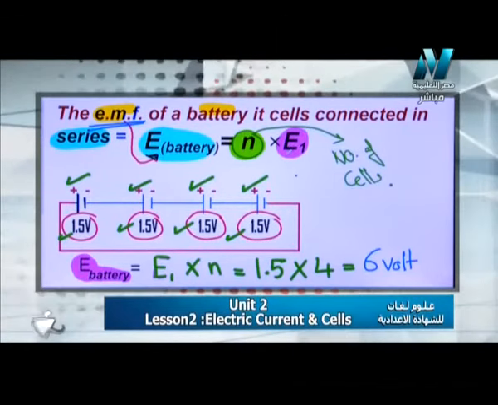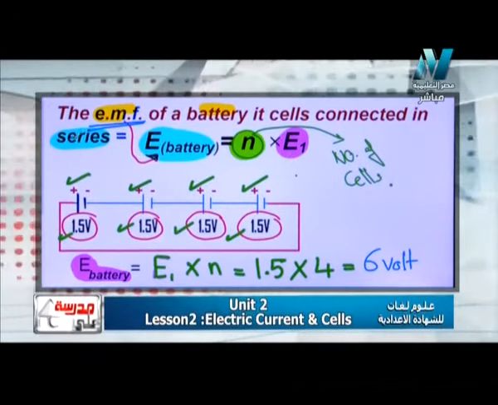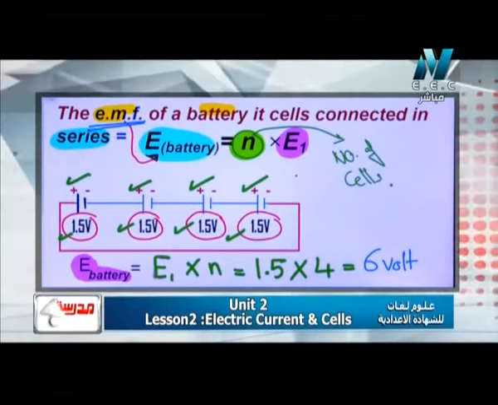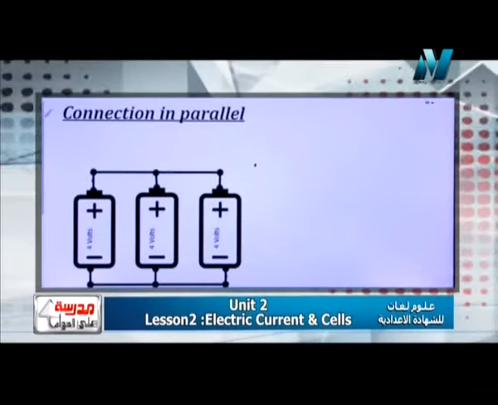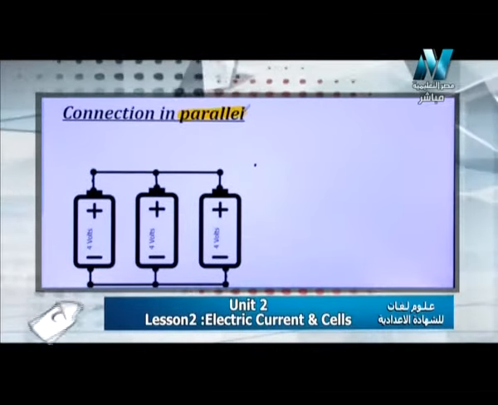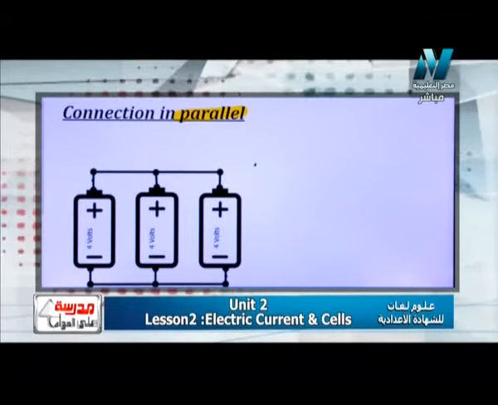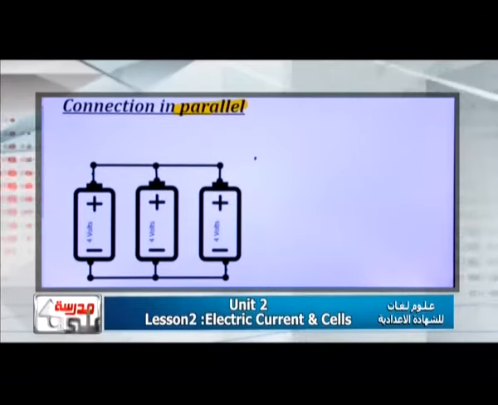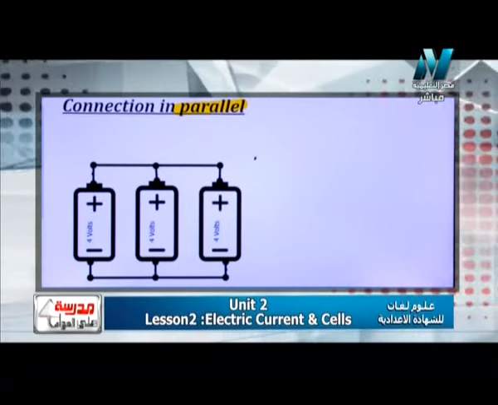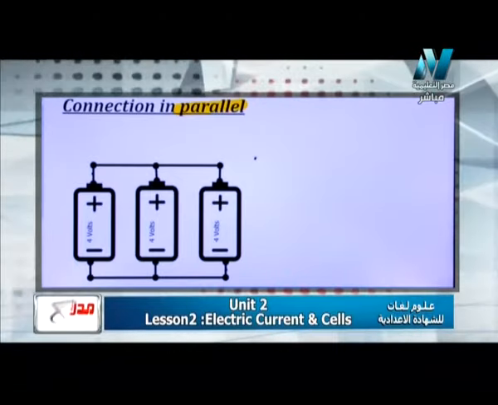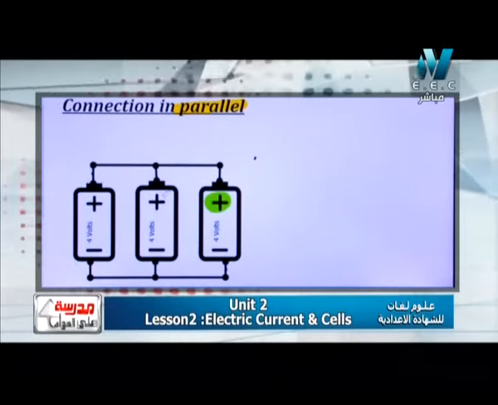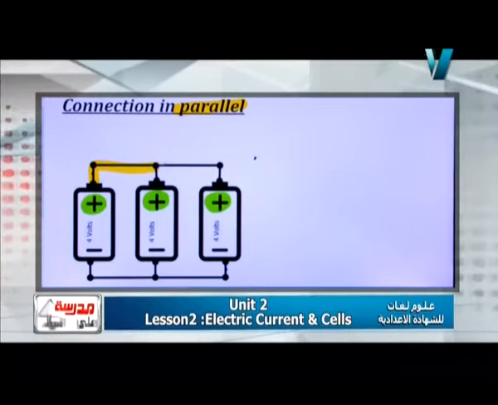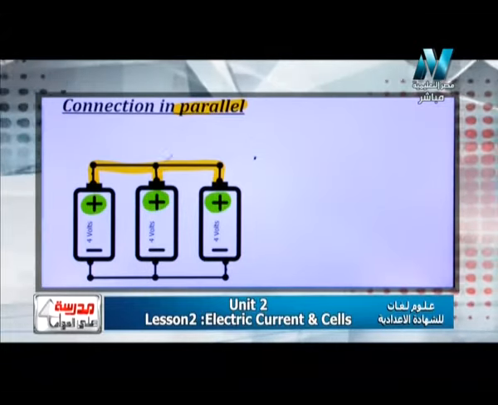We have another way of connection, which is connection in parallel, as you see here in front of you. As you see, all positive poles are connected together, and at the same time, all negative poles are connected together.